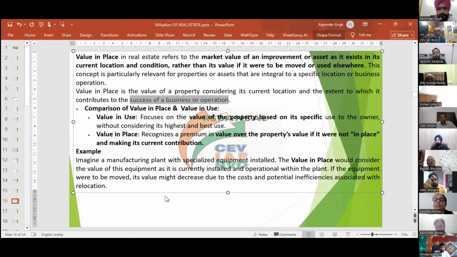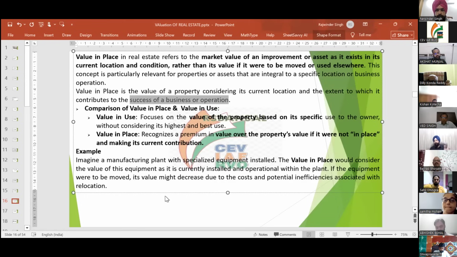Because of that, it will have more value, rather than if it is situated in a residential area or on a road other than a national highway, such as a major district road. Because it is situated on a national highway, it will have more business, and because of that it will have more value. So the value of an asset because of its location, that is called value in place.